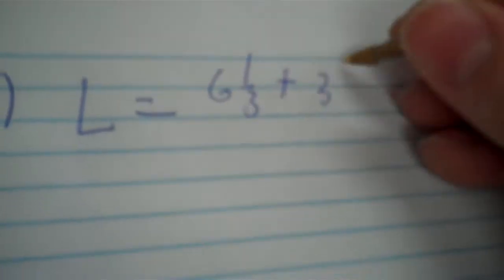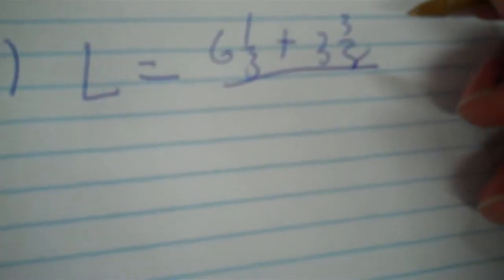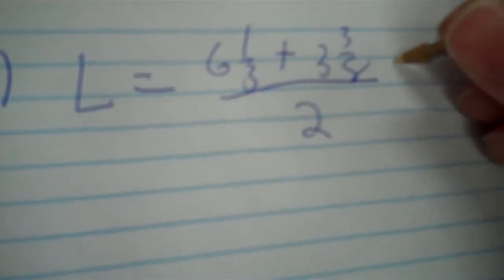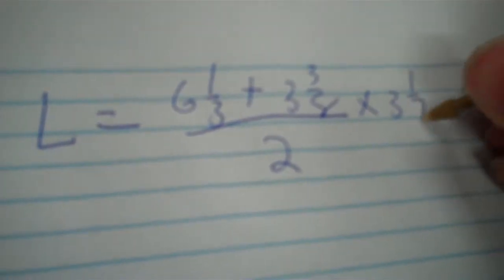Okay, so L equals the diameter of the large pulley, we start off with 6 1/3, plus the diameter of the small pulley, 3 3/8, divided by 2, times pi, 3 1/7, plus 2 times lowercase c, the center to center distance of the pulley, which is 6 2/3.